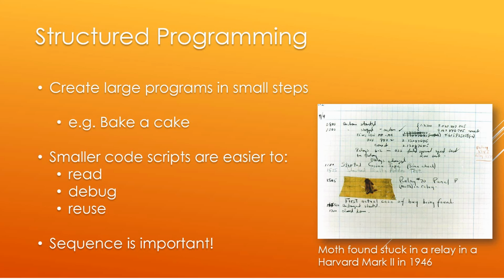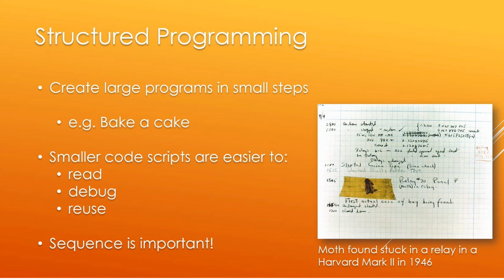So the operators at that time found the moth, removed it, and referred to the procedure of fixing their program as debugging, because they had to remove a bug. And that concept has stuck with computer programming ever since. So even today, if there are problems in the programs, when the programmers go in and fix them, they refer to that as debugging.